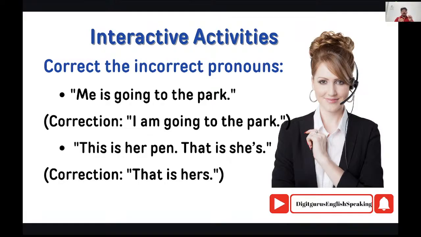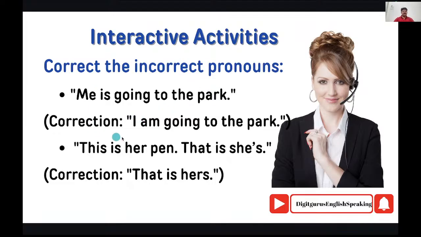I'm saying Radha is a girl, feminine gender, but I'm using his. This is an incorrect sentence. So many times we use pronouns incorrectly. So let us have some interactive practice so that we can correct the mistakes.